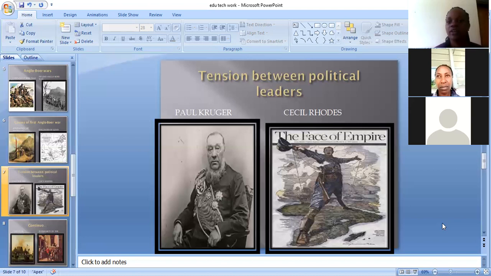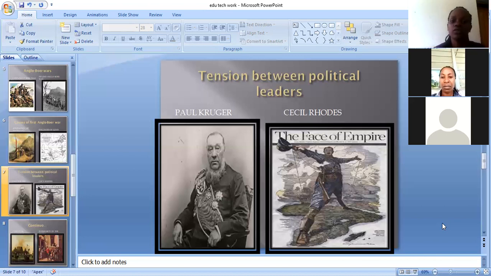So the two had different political ideologies due to their different origins, whereby one wanted to develop the Boers and the other wanted to develop the British.